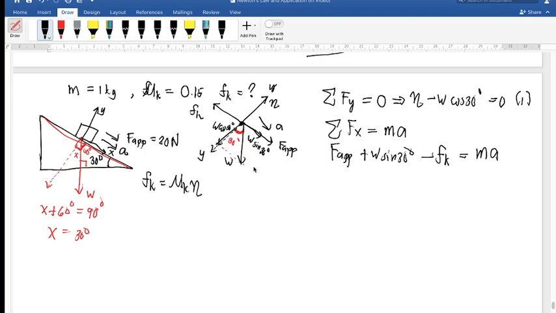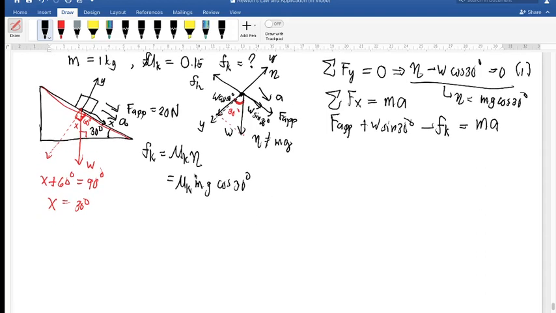Now remember, n is not always equal to mg. I already told you in your experiment number 4, n is not always equal to mg. So based on equation number 1, your n is equal to mg cosine of 30 degrees, because your weight is actually equal to mg, right? So therefore your Fk is actually equal to mu k times mg cosine of 30 degrees.